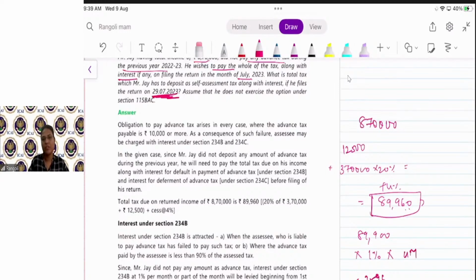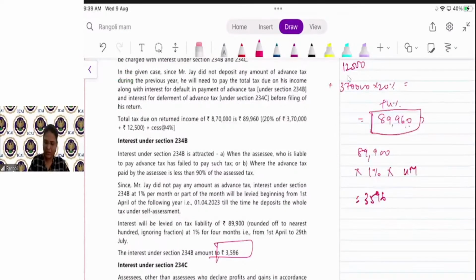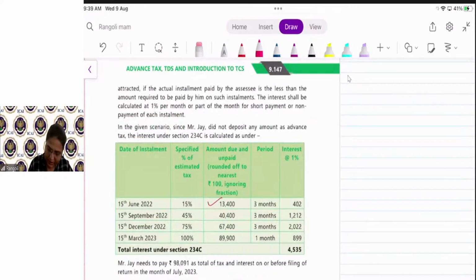Now under section 234C, he needs to pay quarterly installment, but he has not paid. So there is a shortfall. So 15% is 13,400, 45% is 40,400, 75% is 67,400, and 100% is 89,900. It is 15% of 89,900, 45% of 89,900, 75% of 89,900, and 100%.